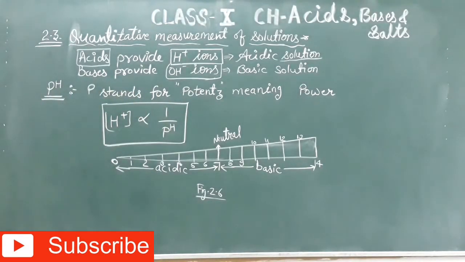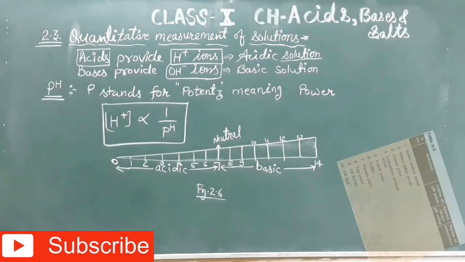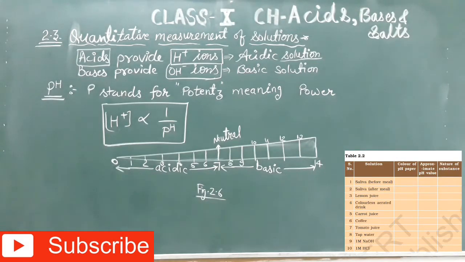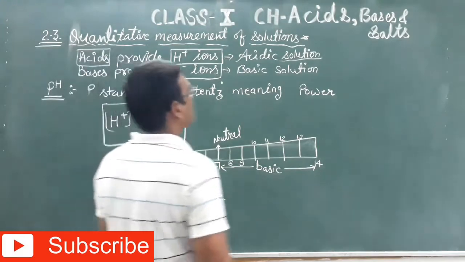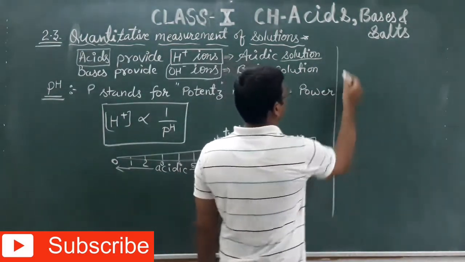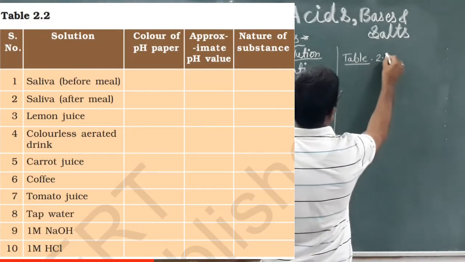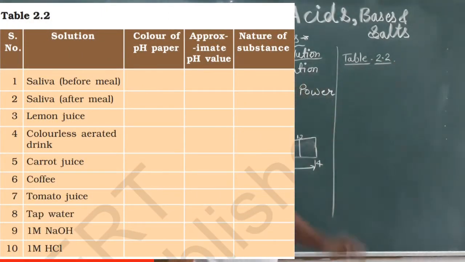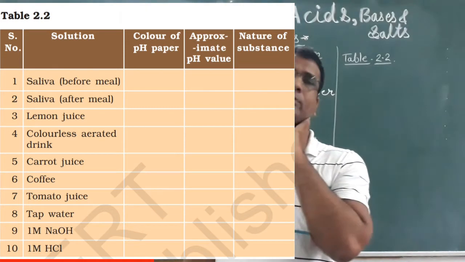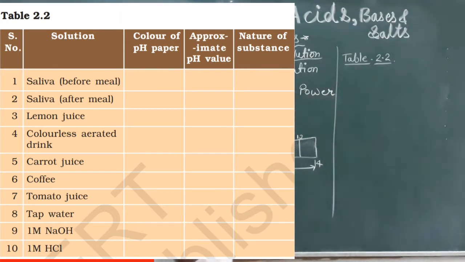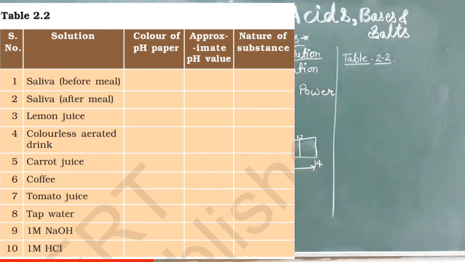Now in your textbook one table is there, table 2.2. In that table many substances are given, and you are asked to check the pH with the help of pH paper.